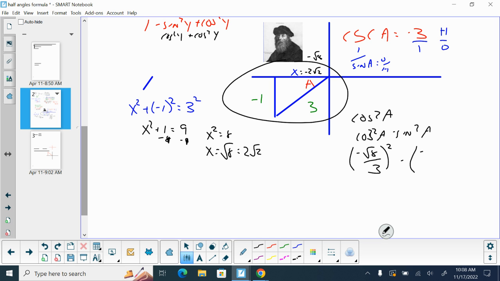Minus negative 1/3 squared. So we have 8 over 9 plus 1 over 9. Makes it a little bit easier. You don't have to re-simplify radicals. Like I said, the problem with this is having to deal with radicals, and I'll take that off the plate for your tests. Other questions you have?